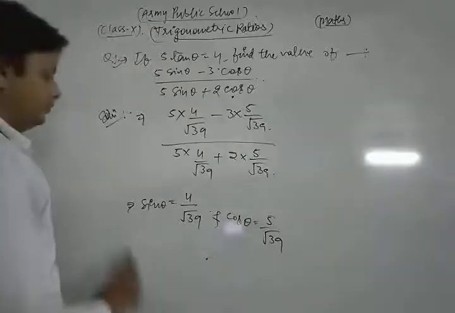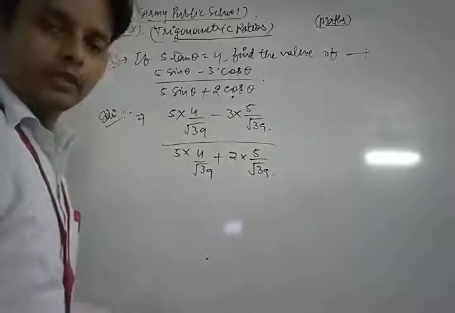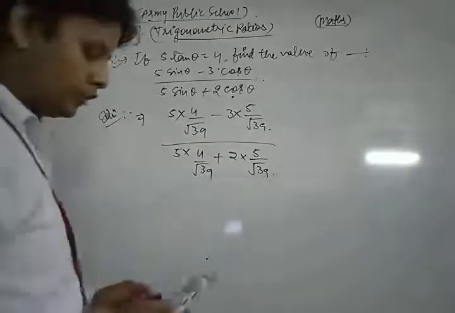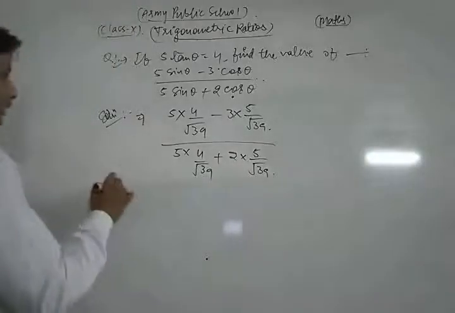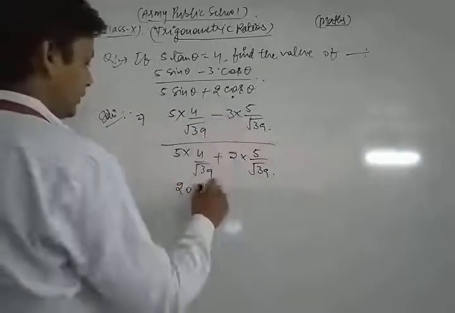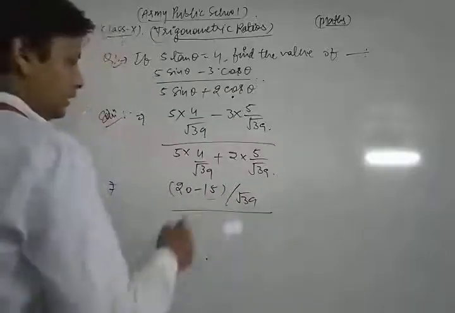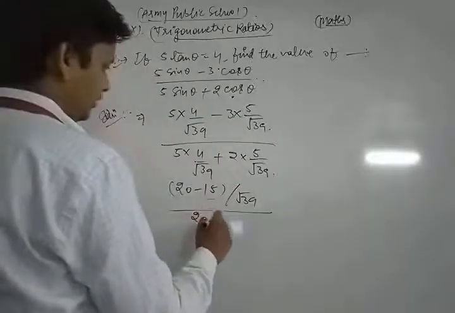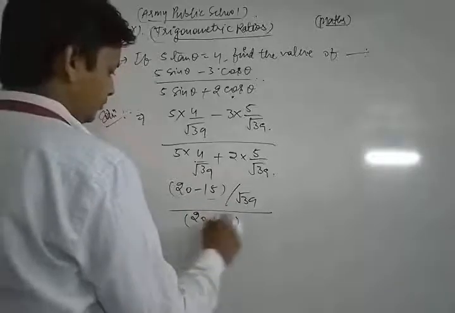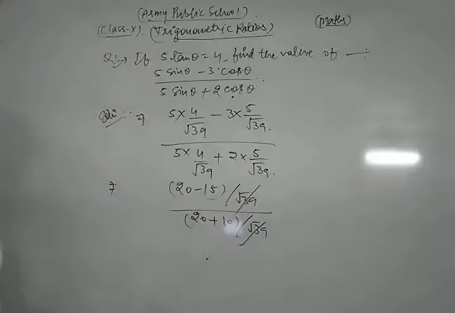Now we take the LCM of the denominator in both the numerator and denominator. So in the numerator we get 5 times 4 is 20 minus 5 times 3 is 15, divided by under root 39, and in the denominator 5 times 4 is 20, 5 times 2 is 10, upon under root 39. Now under root 39 and under root 39 cancel each other.